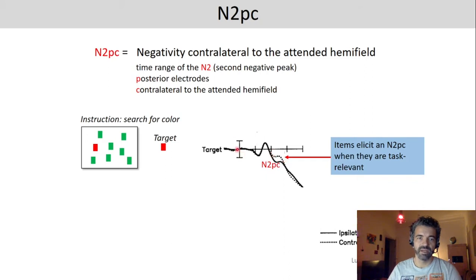Remember that negative is plotted upwards in the EEG world. So we see a difference in the processing between the ipsi and contralateral hemisphere, but what does it reflect?